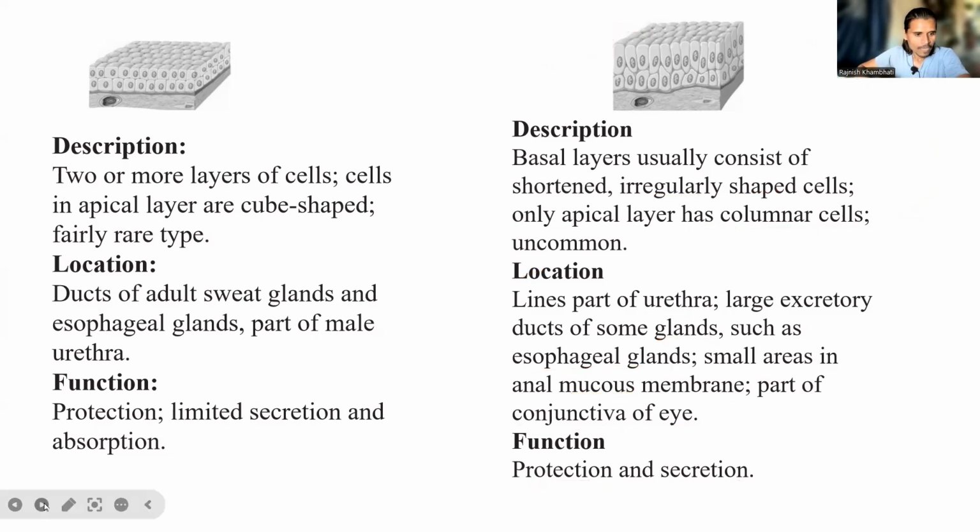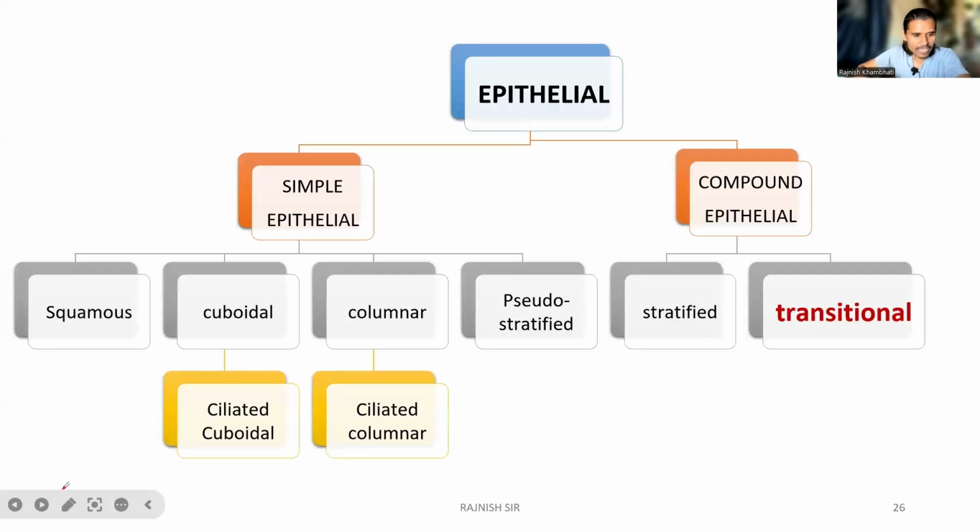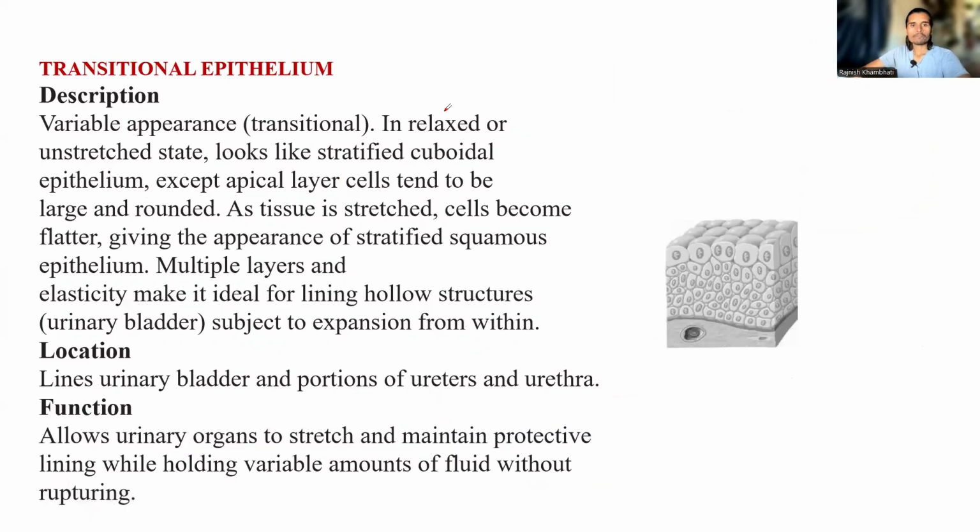Okay. Let's jump on to the next slide. So we just learned what stratified means in a very short way. Now the next is transitional. After that, epithelial tissue is over. You can see the diagram.